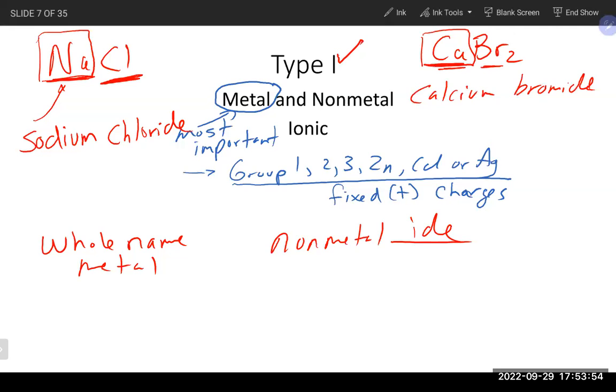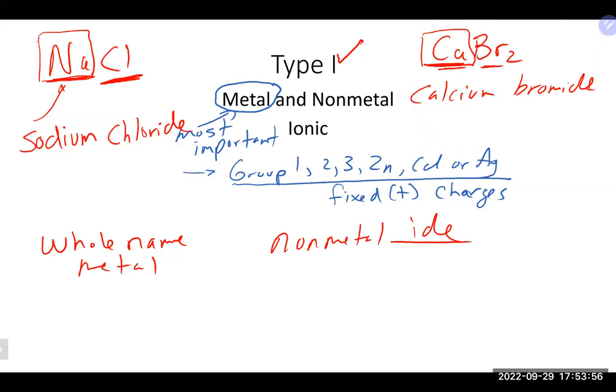Now, this 2 right here has no effect on the name. We do not use prefixes because we think it sounds more scientific or anything like that. So you do not use a prefix, it has no effect on the name. You could have 40 of them there. You would still just call it bromide at this point.